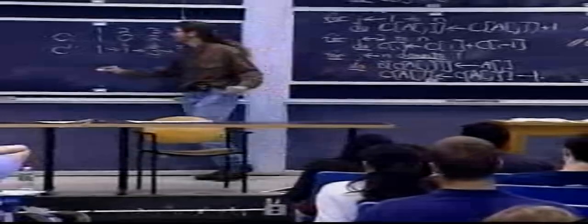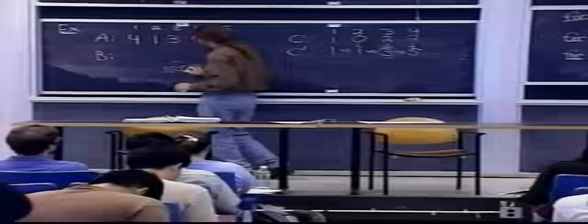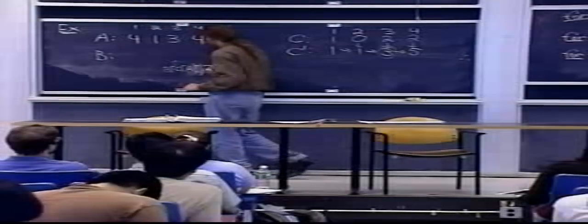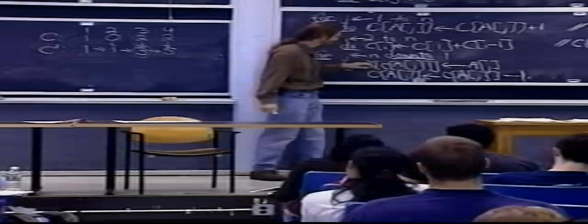So just keep track of this: this is B[C[A[j]]] for this step. And we set that to A[j], so we set that to 3. So we're putting 3 there.